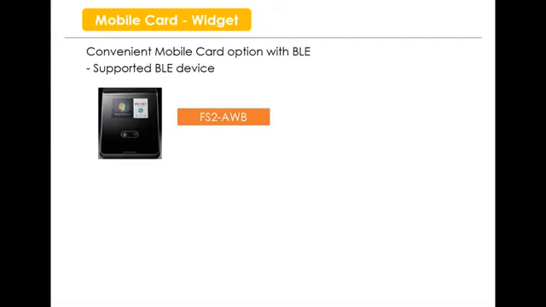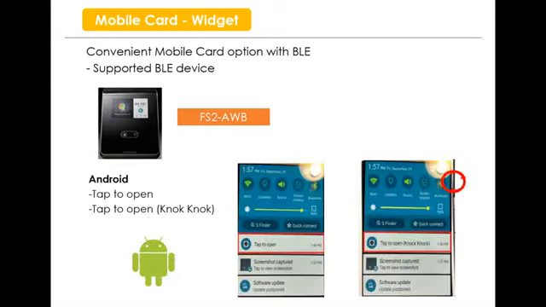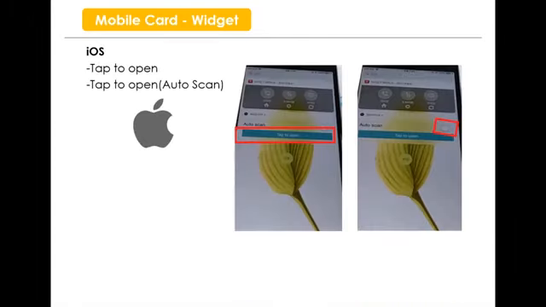Last feature is the widget of BioStar 2 mobile card. It is supported by BLE of mobile. In case of Android, you can easily open a door via two functions of the widget of an Android phone.